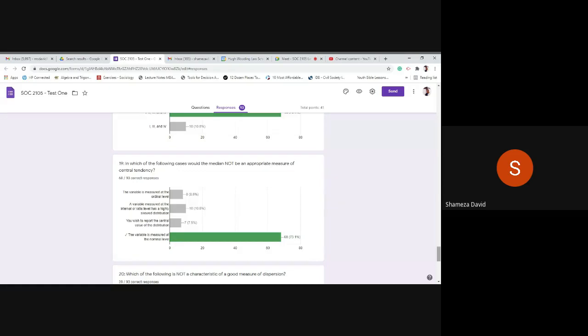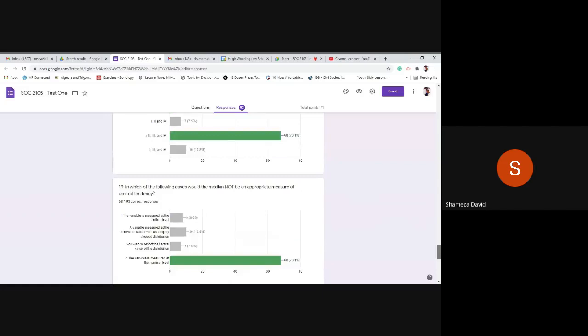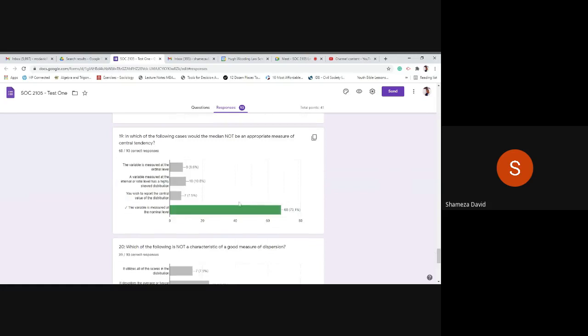Then, in which of the following cases would the median not be appropriate? I feel like the same persons who got the last one correct also got this one correct, because if you're measuring at the nominal level, then none of the measures of central tendency make any sense to calculate. If the variable is measured at the nominal level, you cannot use the median or any other measure of central tendency.